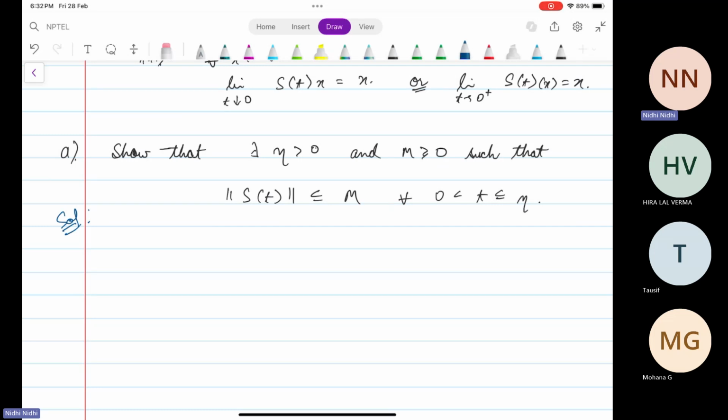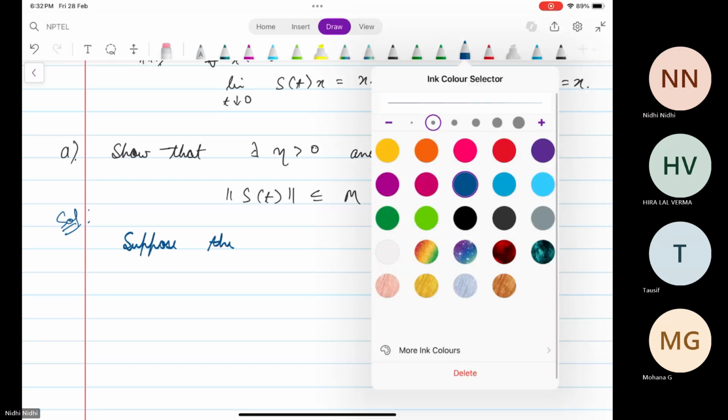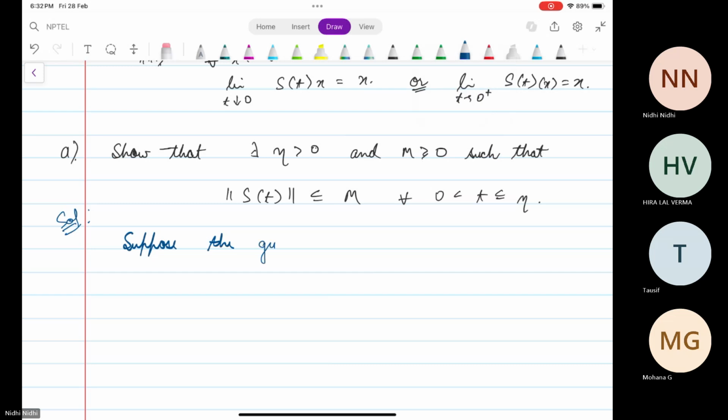So suppose the given statement does not hold.